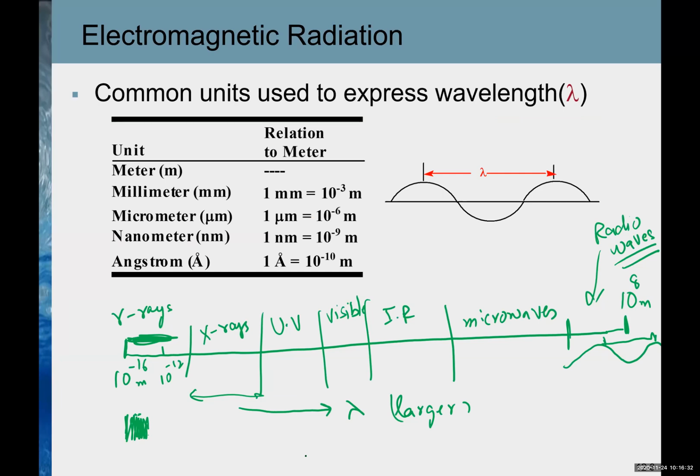Now, frequency is inversely proportional to wavelength. If wavelength is high, frequency will be low. If wavelength is low, frequency will be high. Okay. And if we multiply the wavelength value with frequency, it will be a constant. Okay.